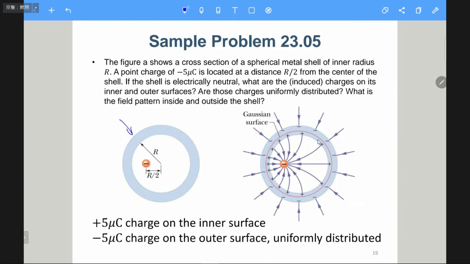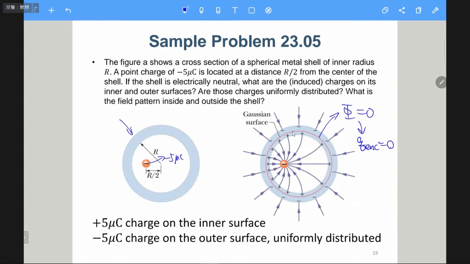So here we try to define a Gaussian surface which is inside this sphere, and of course the E field is all zero, which means that the total flux should be zero for this Gaussian surface. And if phi is zero, the Q enclosed by this Gaussian surface will also be zero, which means that since this charge is negative 5 microcoulomb, it will induce a positive 5 microcoulomb charge on the inner surface. So we have plus 5 microcoulomb charge on the inner surface.